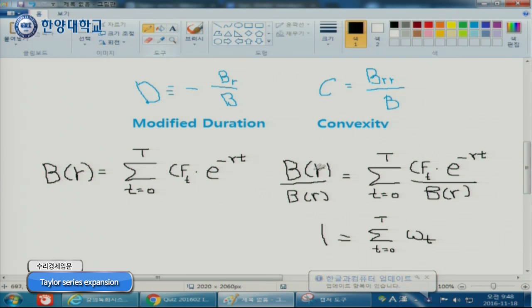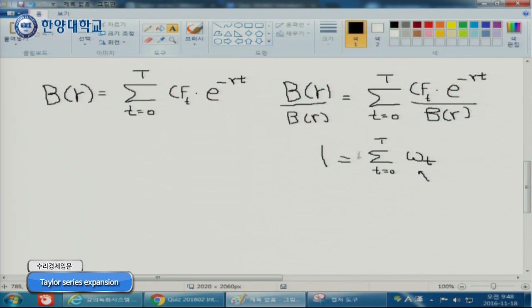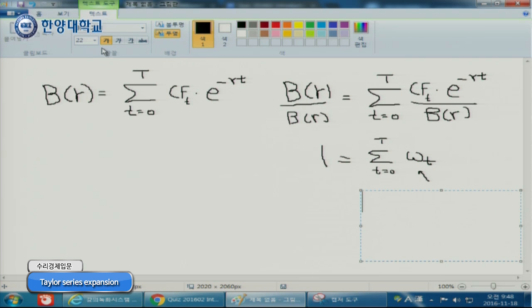So this is the importance or weight of cash flow at time t over the total value of cash flow, which is the same as the bond price.